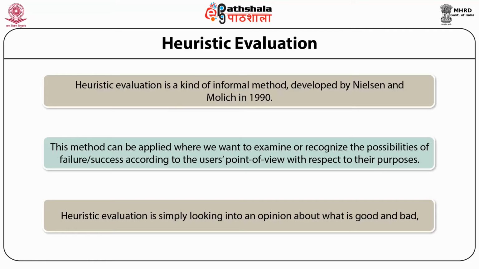Nielsen and Molich have developed the following 9 basic usability heuristics: simple and natural dialogue, use the language that the user can understand, keep the user's memory load to a minimum, be consistent, provide feedback, shortcuts, provide clarity, clearly marked exits, prevent errors, good error messages.